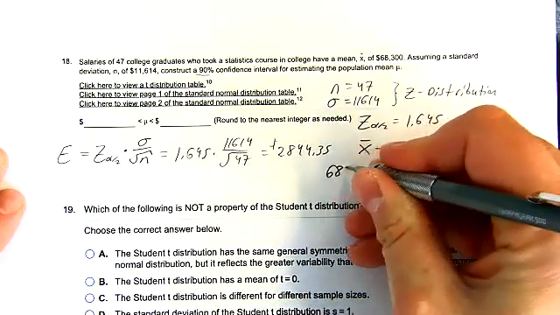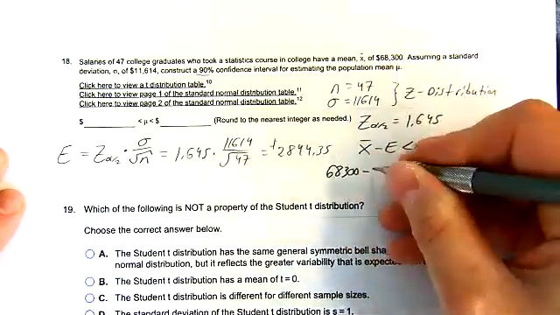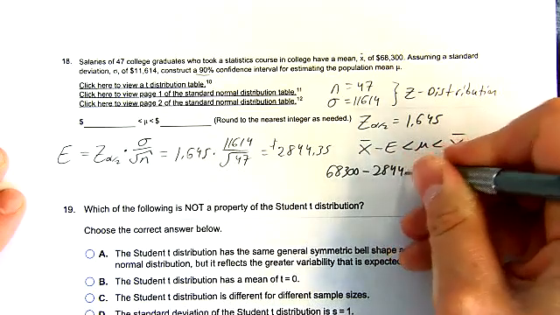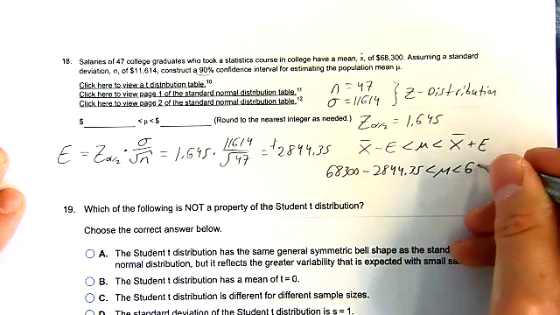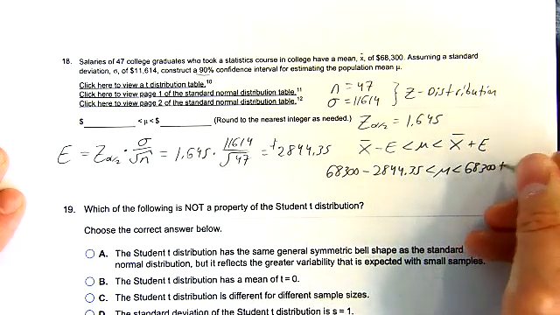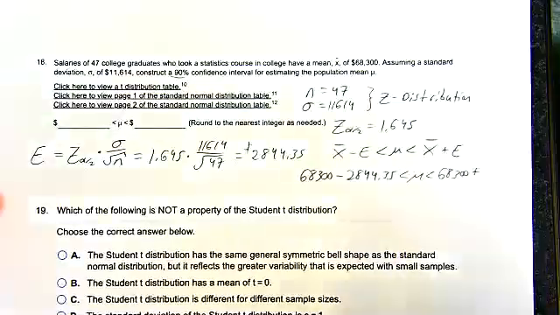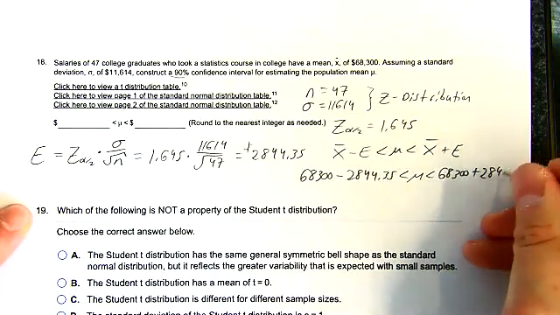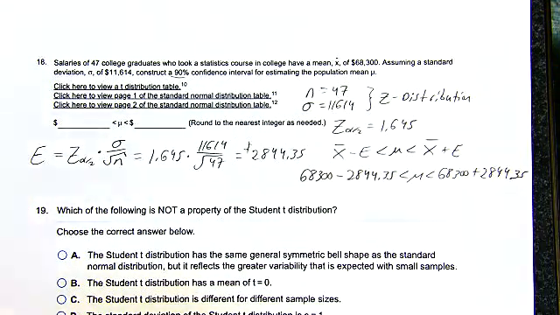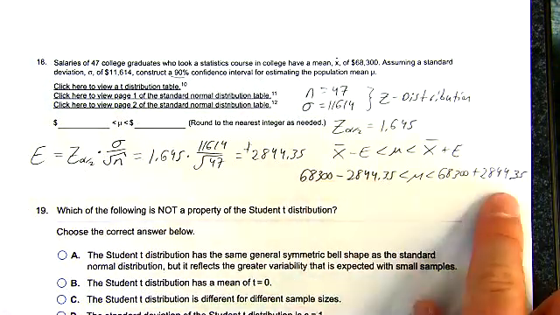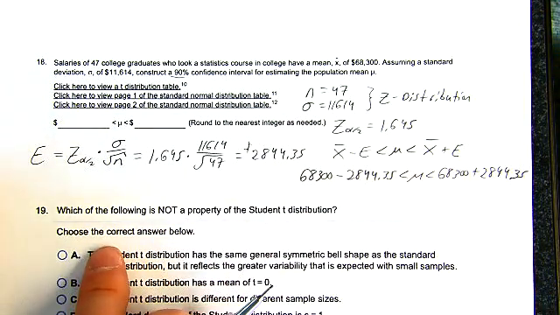So I've got 68,300 minus this 2844.35, and then 68,300 plus that 2844.35. And you want to go all the way to the penny for these, so they don't count it wrong.